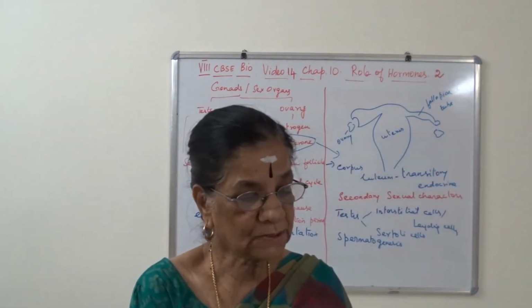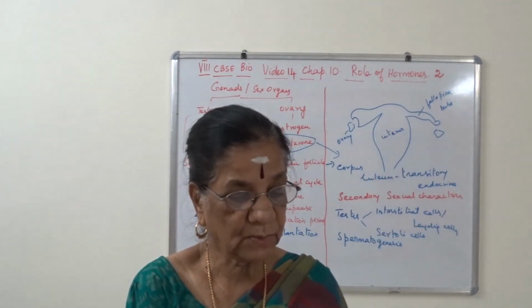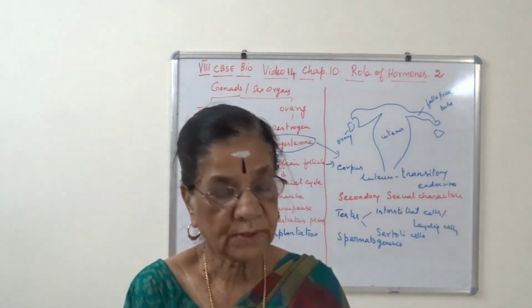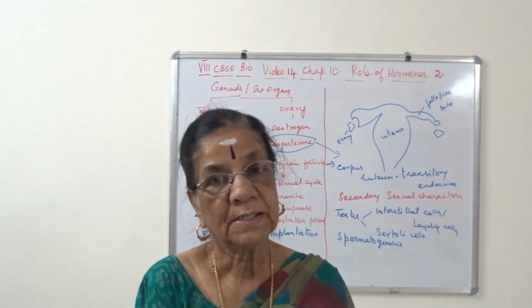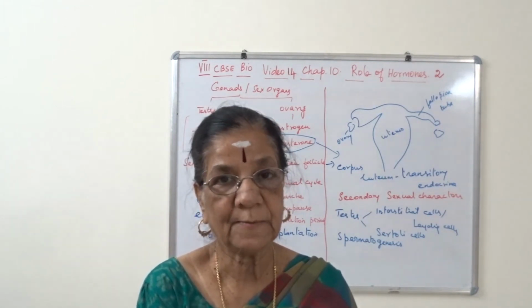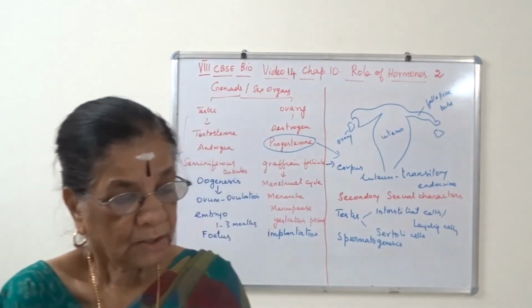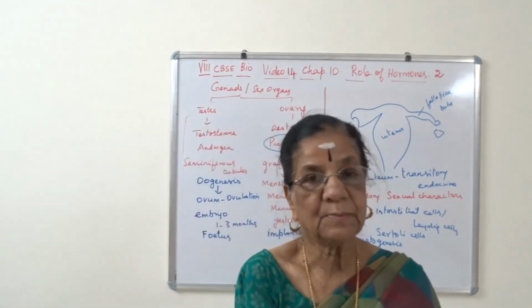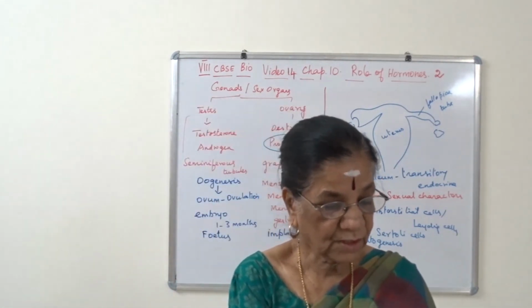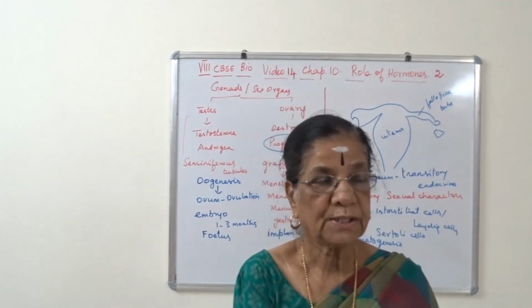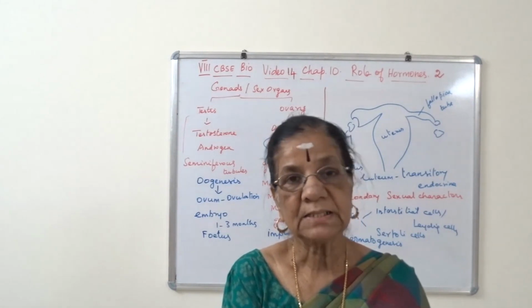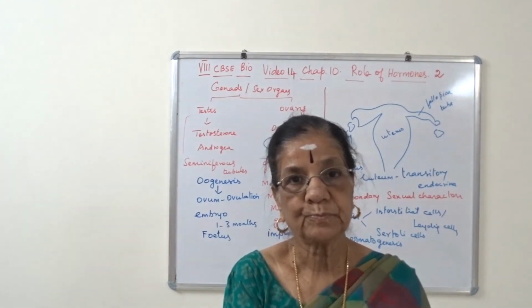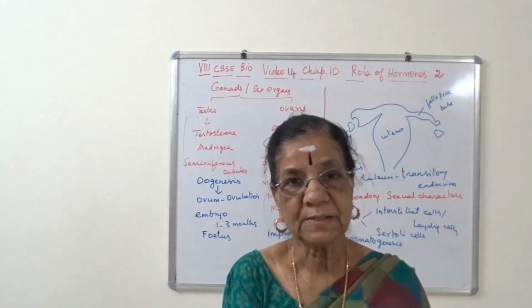As hormones from pituitary stimulate testes and ovaries to release testosterone in male and estrogen in female, released in the bloodstream, they reach the parts of the body, that is, target site or target organ. I hope you are listening.